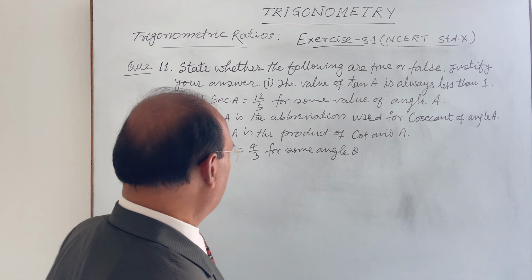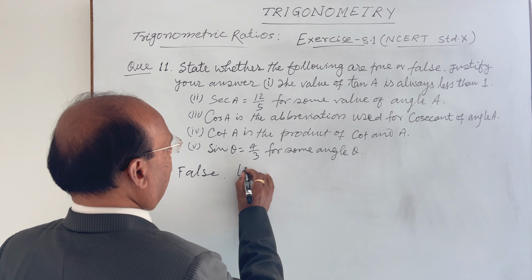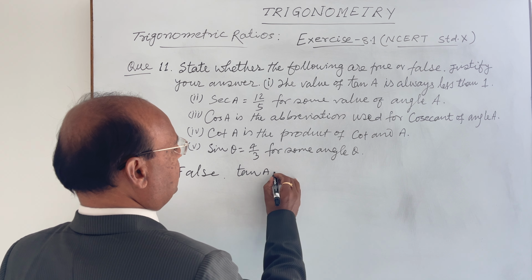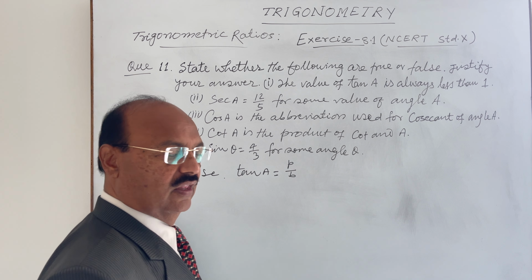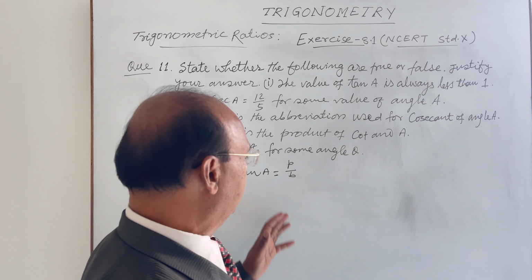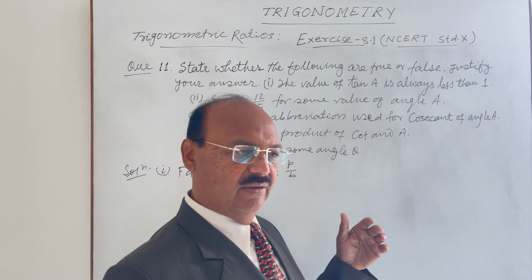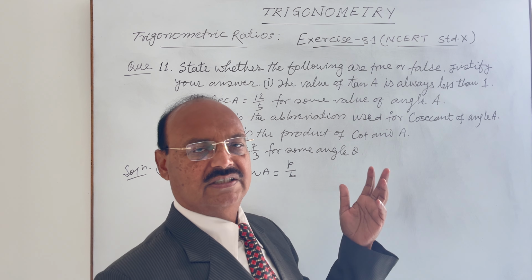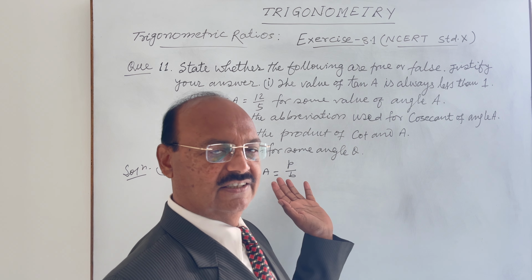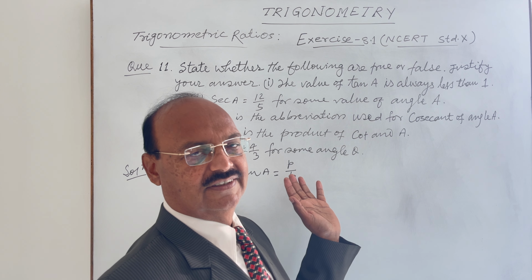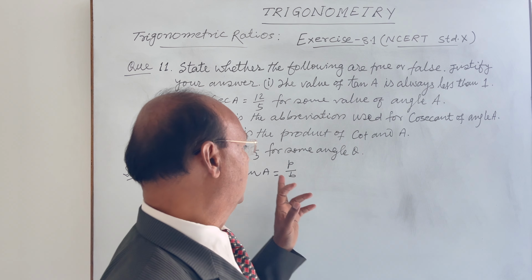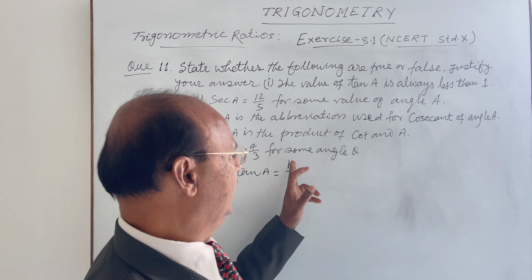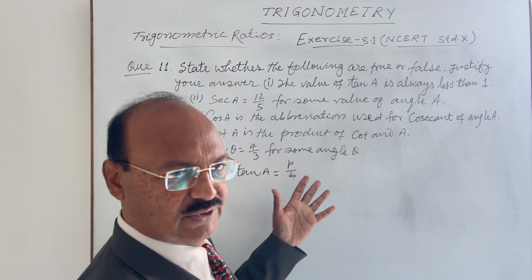Why? Because we know tan of any angle A is equal to perpendicular by base. So the length of the perpendicular can be as large as possible.